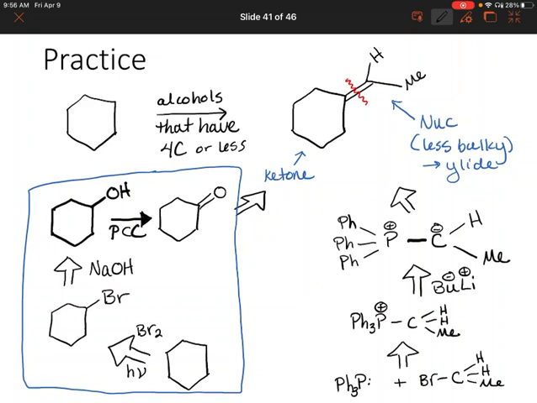Oh, I'm running out of room here. I'll just go this way, I guess. So let's say instead of bromine, we started with an alcohol bonded to that carbon. How would we replace that alcohol with a bromine? How do we convert an alcohol to a bromine? We could use something like PBr3.